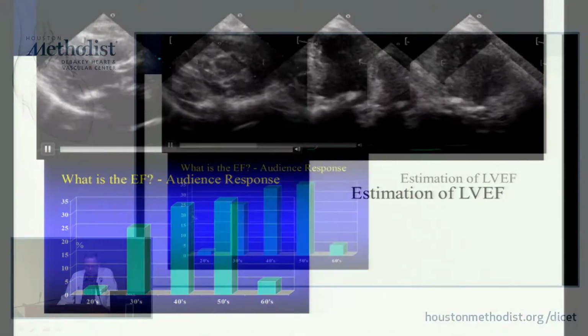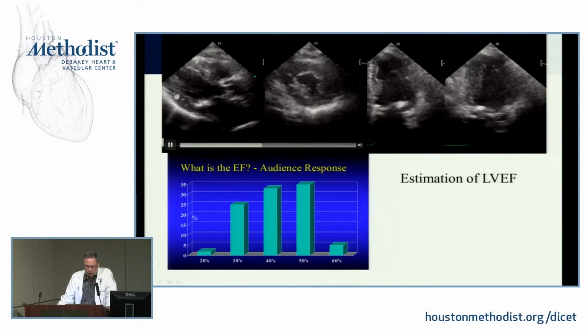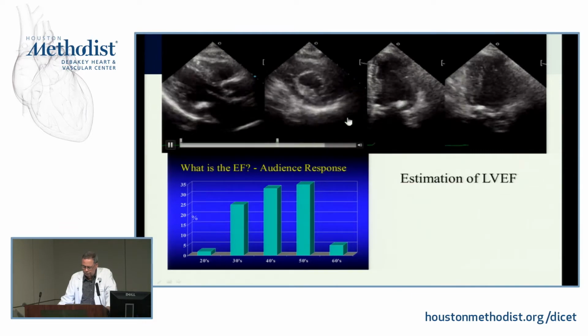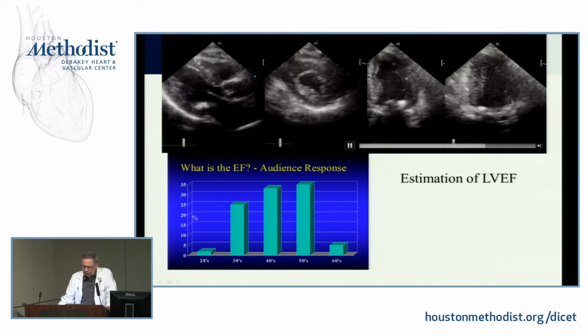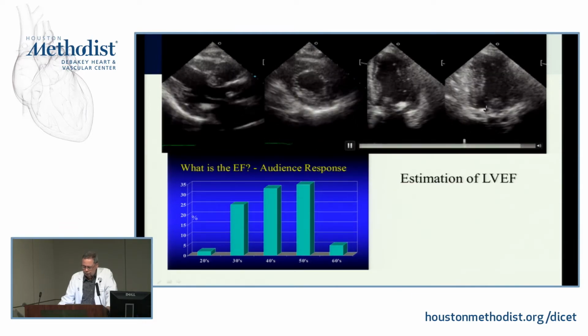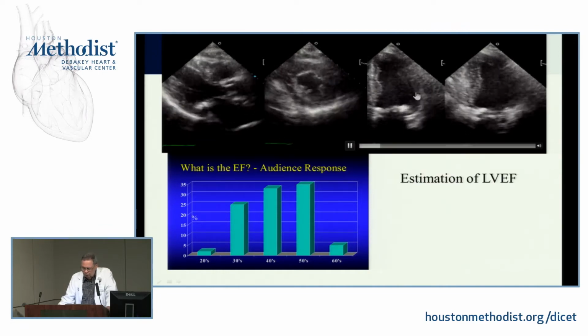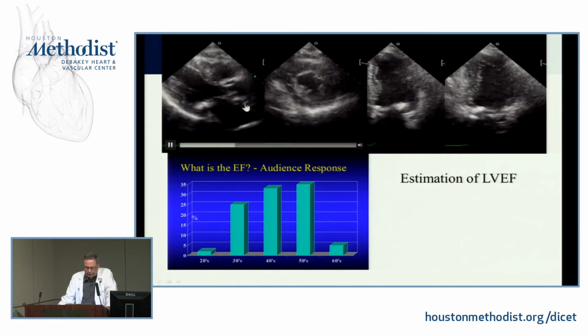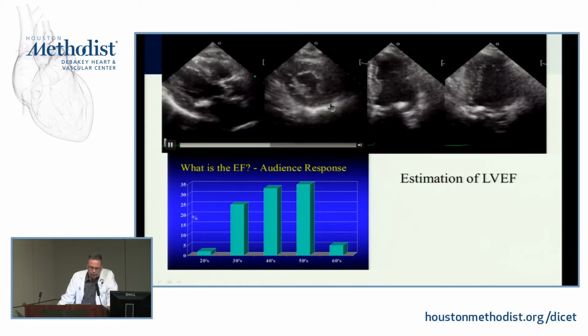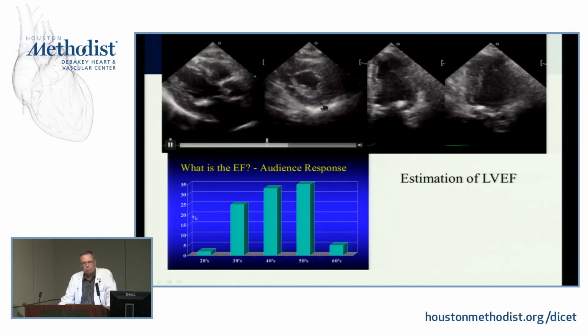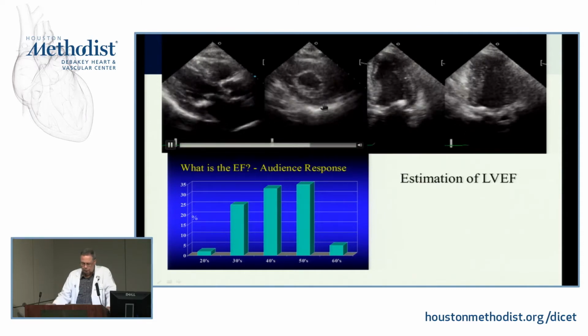As I said earlier, you train your eyes to look at the fractional shortening of the cavity's area, and we have 4 views here. Notice that this heart looks smaller in this view, suggesting some element of foreshortening. But overall, we look at that and say, okay, is that normal? Is that severely low? Is that middle ground? So you kind of learn subjectively to appreciate that.